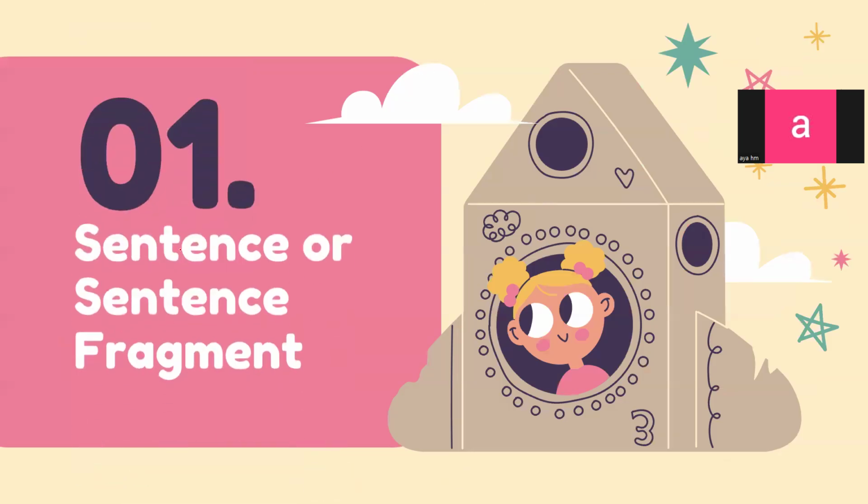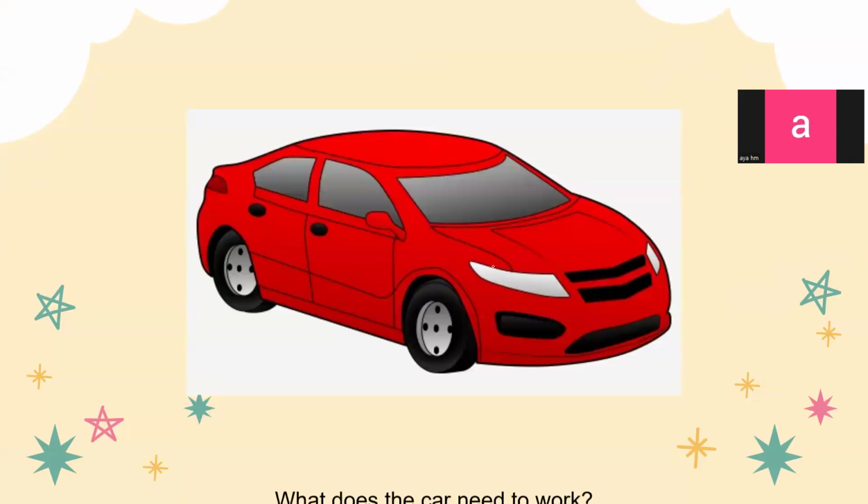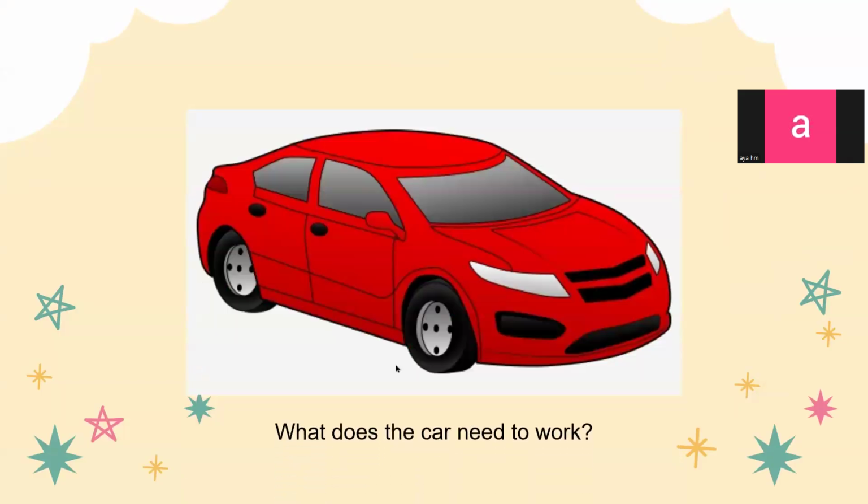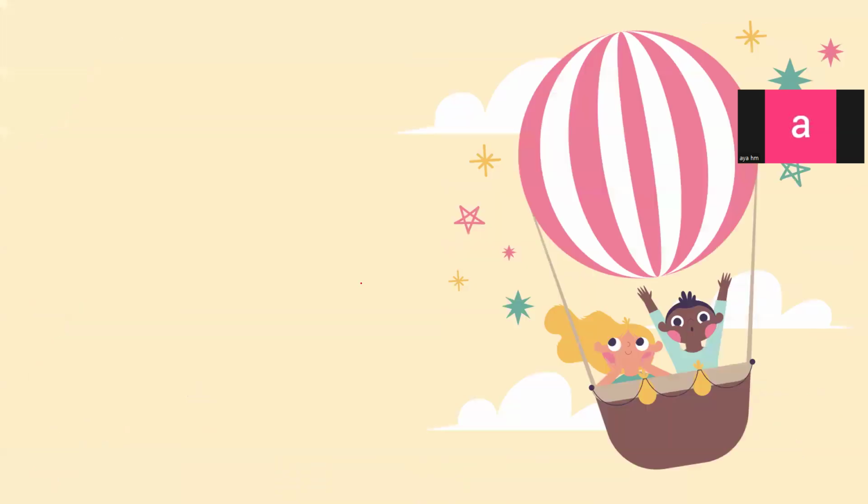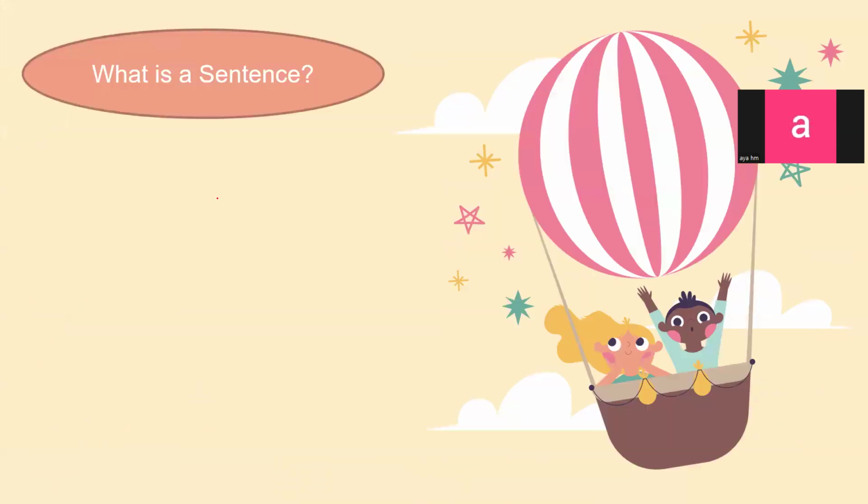Okay. Sentence or sentence fragments. What is the sentence and what is the sentence fragment? So here, what does the car need to work? What does it need? So it needs fuel and engine. Here, a sentence. What is a sentence?